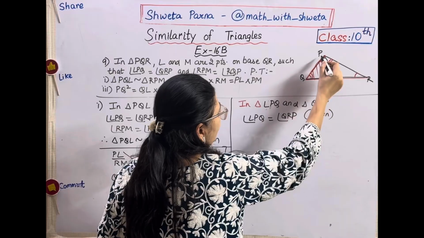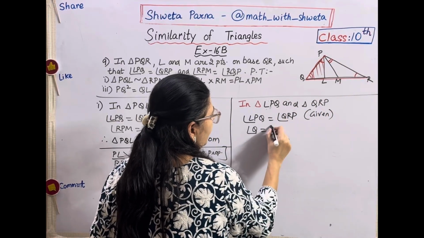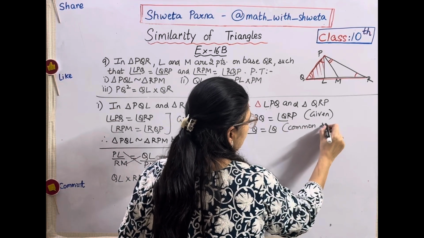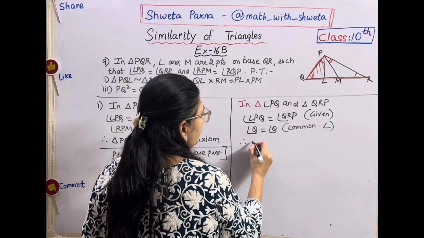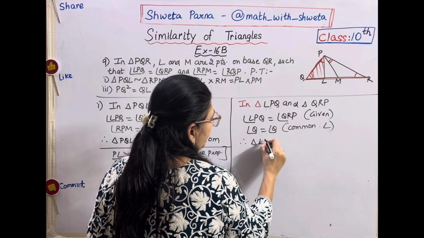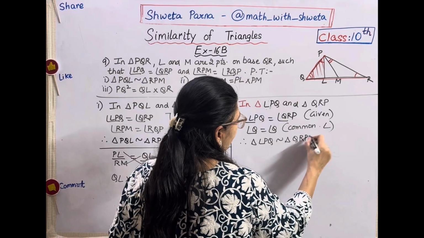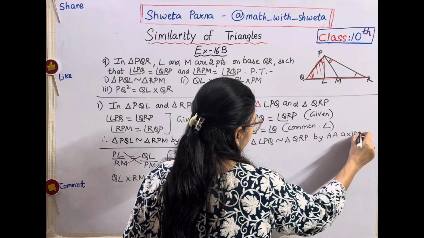LPQ and QRP. So angle Q is common. So therefore these two triangles are similar, common angle. Therefore triangle LPQ is similar to triangle QRP by AA test of similarity.